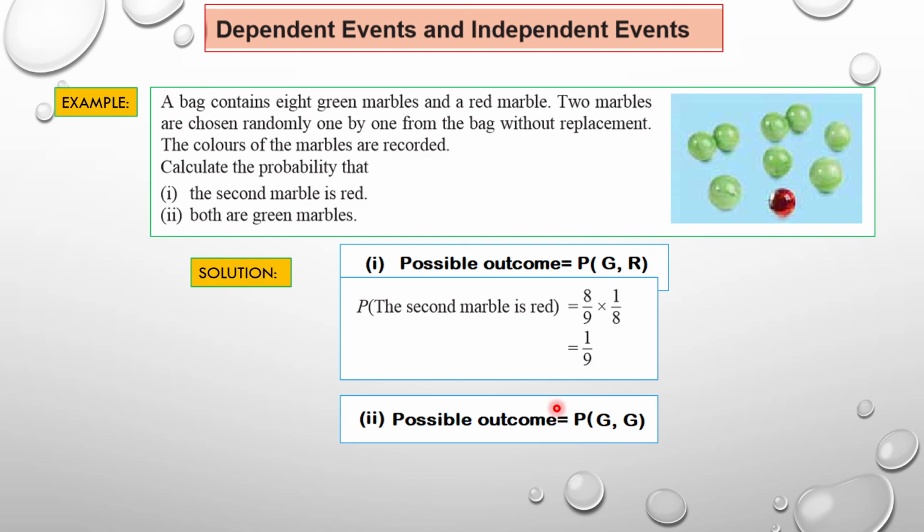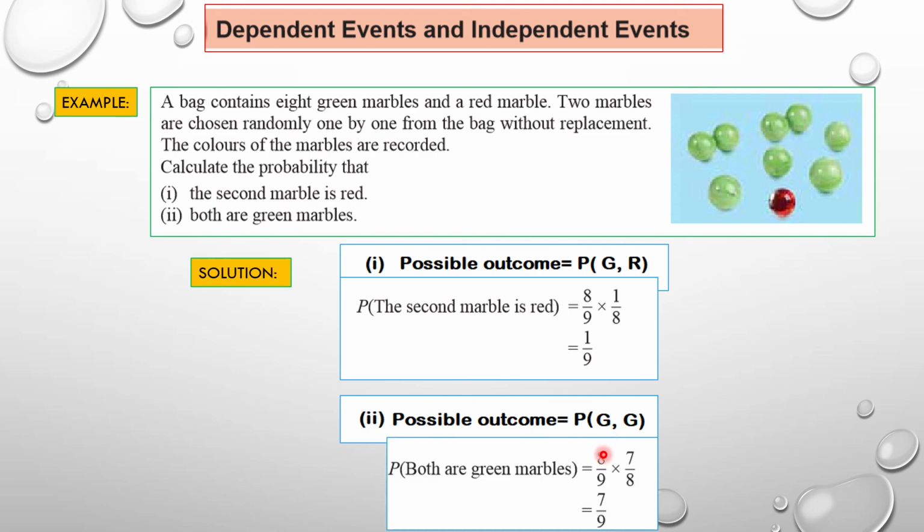Okay, now for the second question, calculate the probability that both are green marbles, that means GG. Now in order to choose G for the first time, altogether we have 8 out of 9 marbles. Okay, for the second pick, since we didn't replace the first marble, therefore green left only 7.